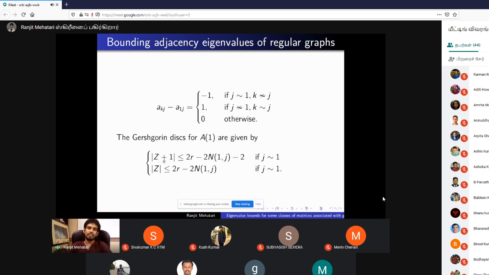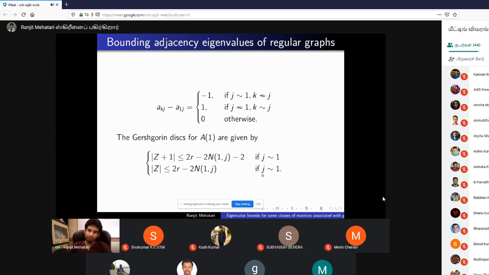When the disk is centered at minus 1, we get the disk |z + 1| less than or equal to 2r minus 2n(1,j) minus 2, if j is connected to 1. Here n(1,j) denotes the number of common neighbors between the vertices 1 and j.